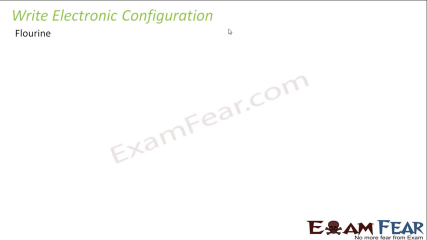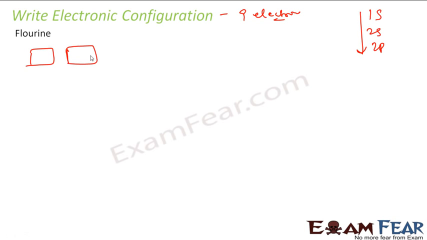Let's take fluorine. Fluorine has 9 electrons. Correct. So again my 1s subshell, then the 2s subshell, then the 2p subshells in increasing order of energy. I'm taking more examples so that you can understand the concepts and write electronic configurations easily, as they come up in exams. So I have the 1s subshell, the 2s subshell, and the 2p subshell will have 3 orbitals, px, py, pz. 9 electrons: first will come here, second here, third, fourth, fifth, sixth, seventh.